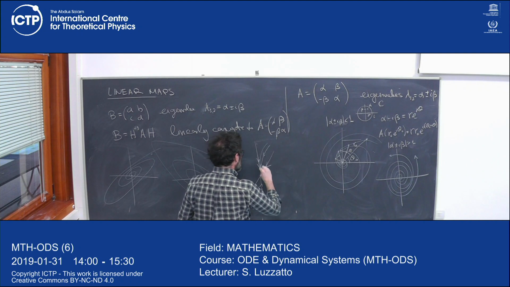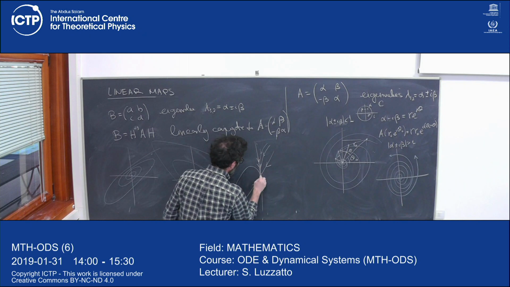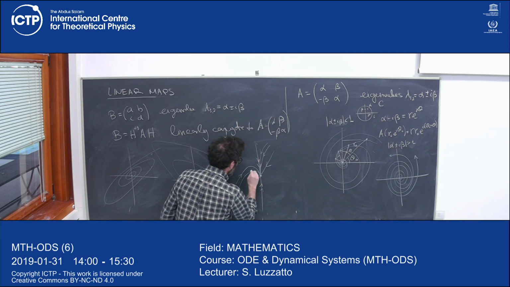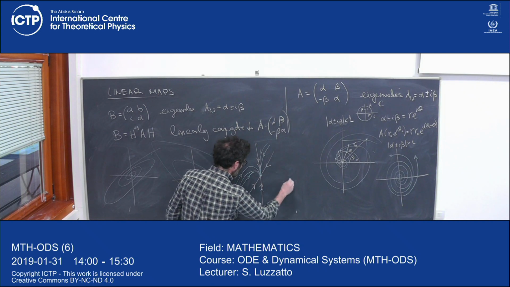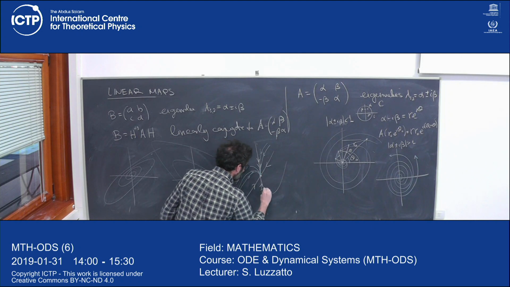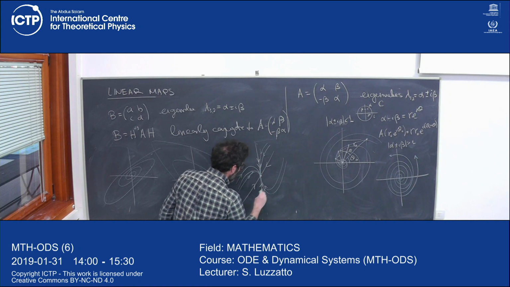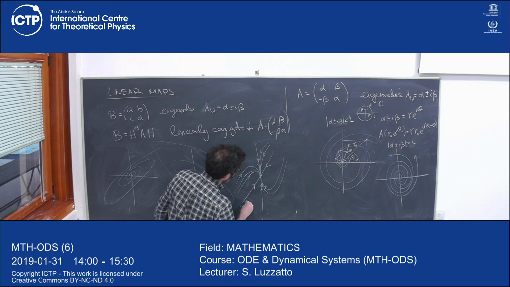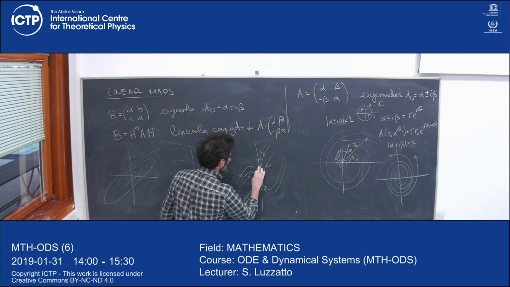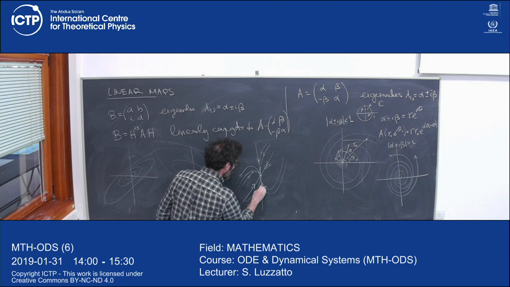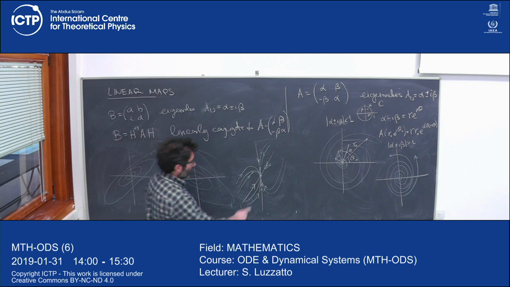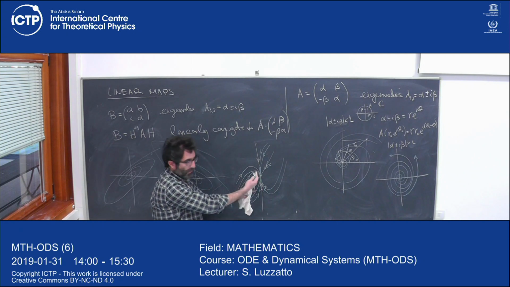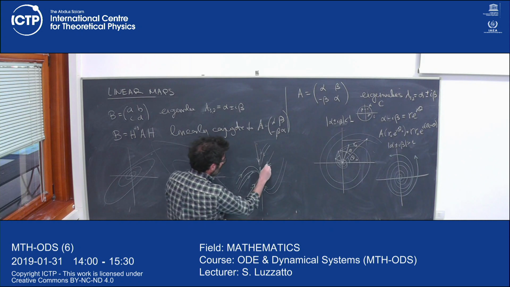There will be something like this. I didn't draw this, but this is the non-diagonal form of a contracting map. I'm sorry, this corresponds to the case in which this one is a stronger contraction in this direction. You recognize this? This is just a contracting map, but when it's not in diagonal form.